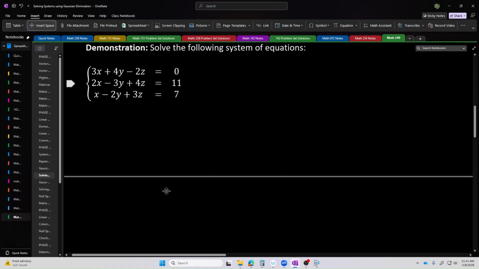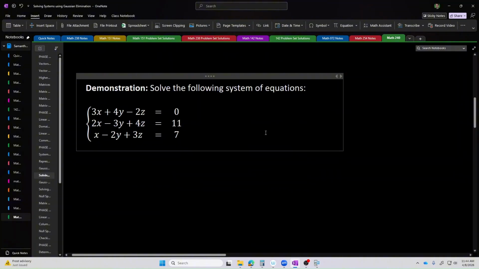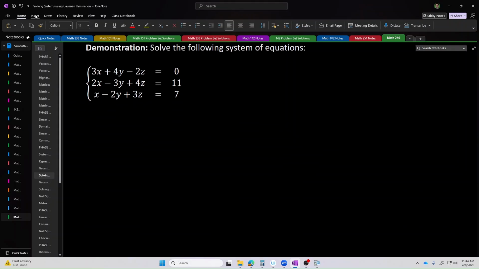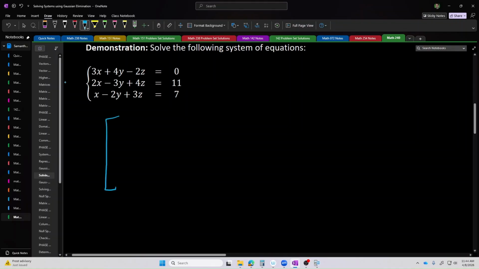So the very first thing that I would do if I was solving this system of equations using this new linear algebra augmented matrix approach is I would write down the augmented matrix for this system. On the left-hand side, I'm going to have the coefficients for the system. So the coefficient of x is 3, the coefficient of y, the coefficient of z, and then 0.